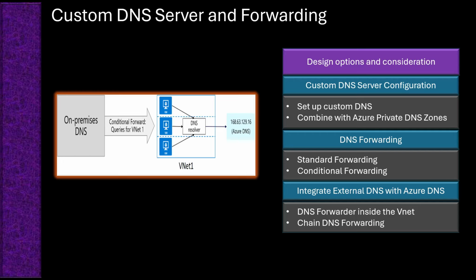Integrating on-premise DNS with Azure Virtual Networks will allow you to extend DNS resolution between your on-premises and Azure environments. This integration is often useful if your organization has custom DNS requirements, like resolving internal domain names or needing control over DNS settings.